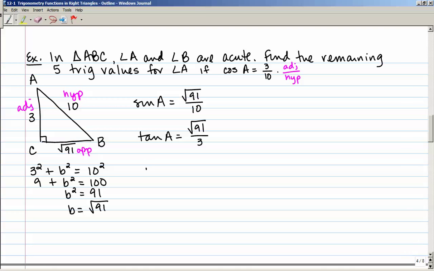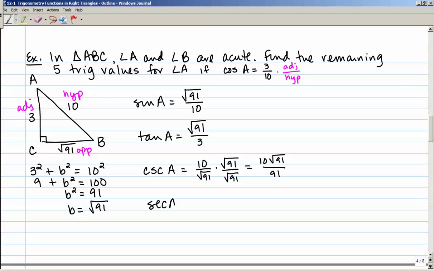Cosecant of A is, remember, cosecant is just sine flipped, so I need to do 10 over the square root of 91. Rationalize my denominator, or 10 square root of 91 over 91. Doesn't look simplified, but believe it or not, it is.